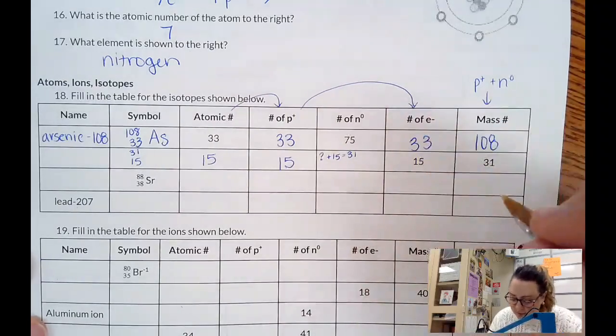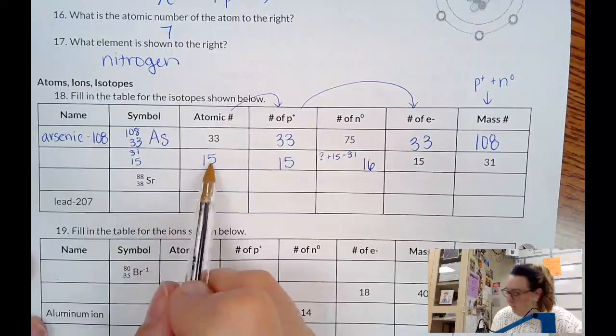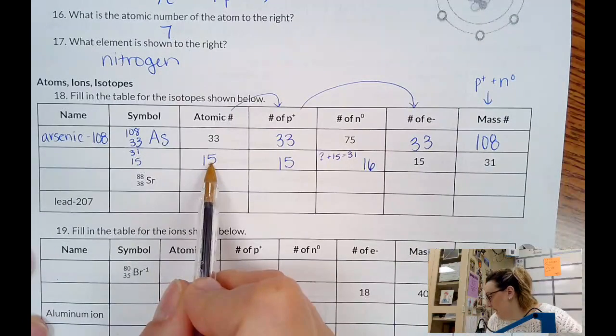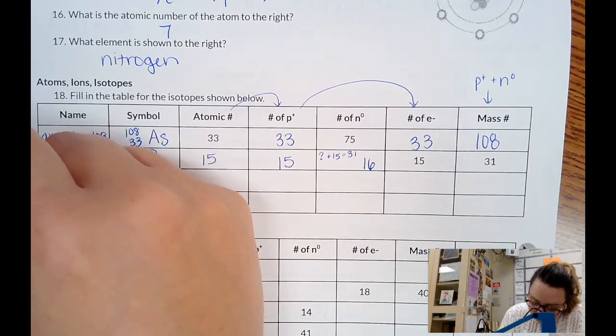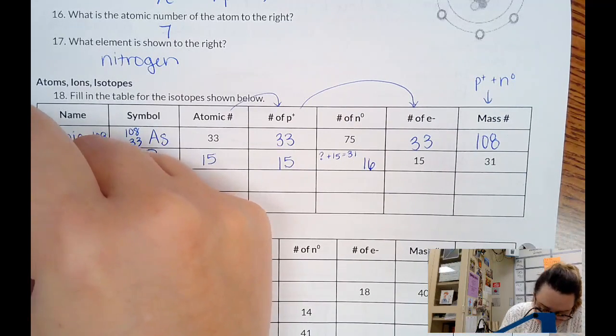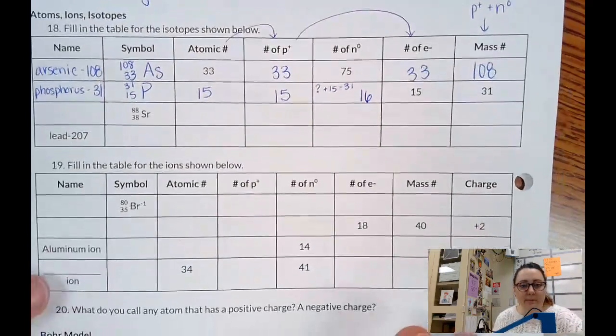And that would be 16. Now I look up element 15 on the periodic table, and I get P. So that is phosphorus, isotope 31. The mass is 31.